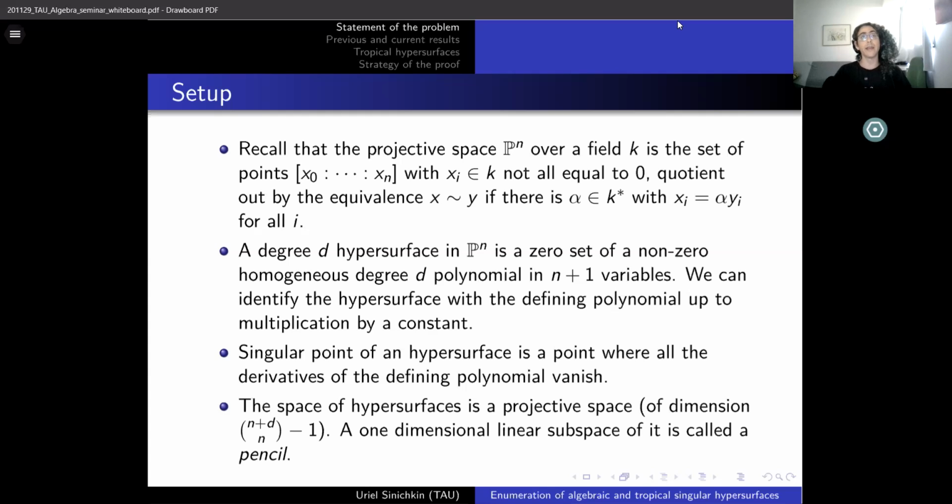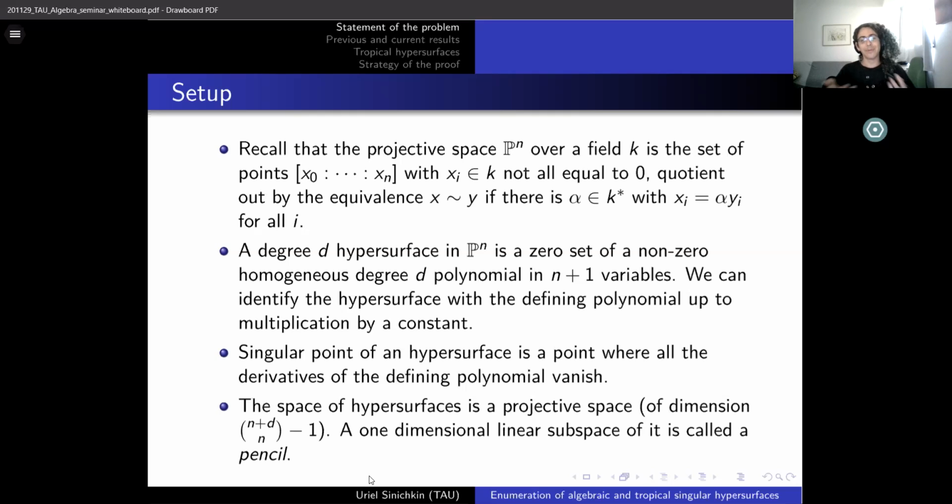This, of course, makes the space of hypersurfaces a projective space of the correct dimension that is written here, just by taking the coefficients of the polynomial as coordinates. And I call a one-dimensional linear subspace of this projective space a pencil, or sometimes a pencil of hypersurfaces. Okay, so a pencil is a one-dimensional object.